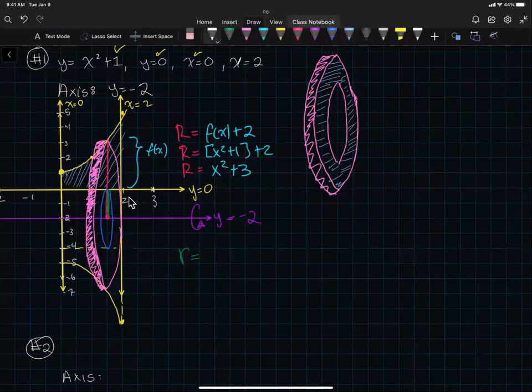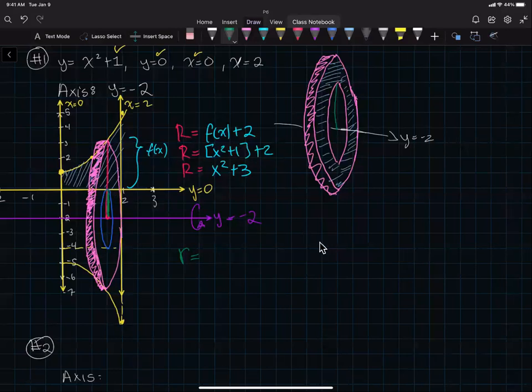So it's hollow here, from the axis of rotation, which is y equals -2, to my x-axis, which is this. So that is 2. So it's hollow from this y equals -2 to here.